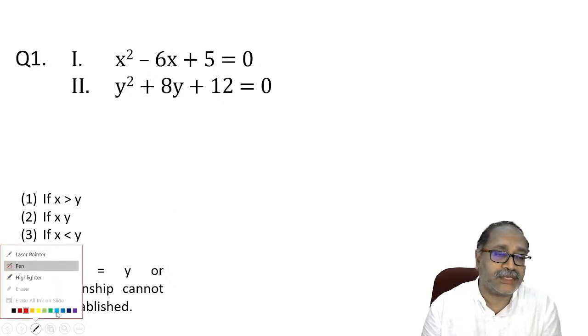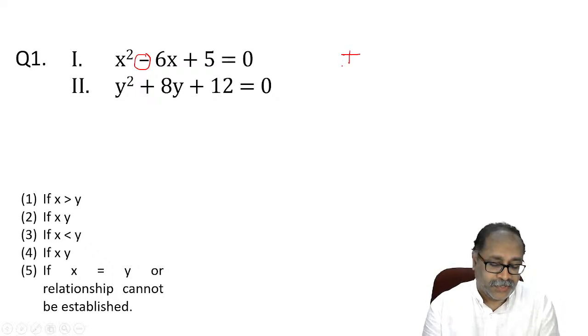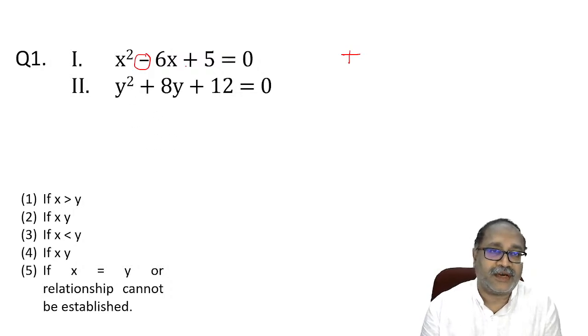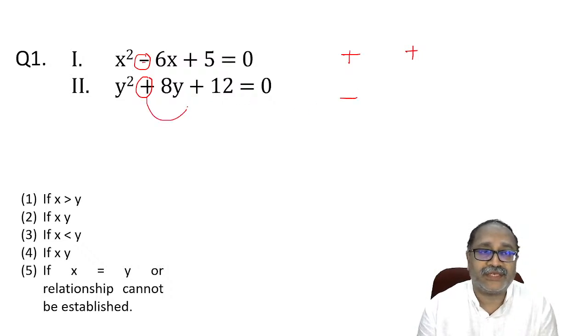Come on and take this example. Here minus, and the minus will become plus. And this is plus; the minus does not change the next sign, so it's plus. Anyone else can answer the question? Now here plus will become minus, and the plus changes the next sign, so it's minus.